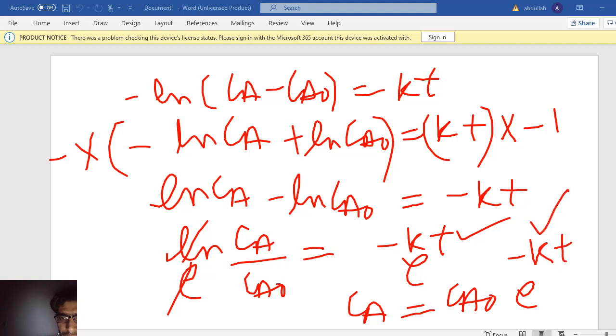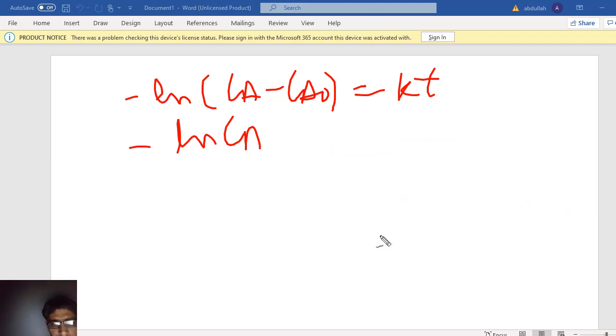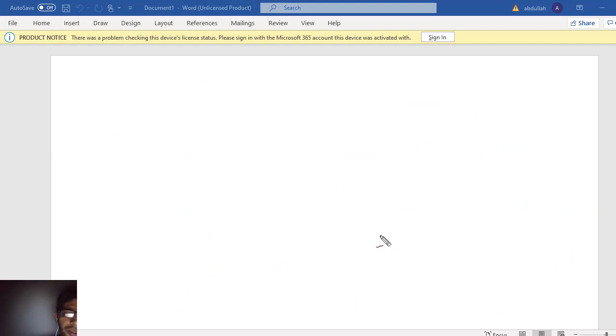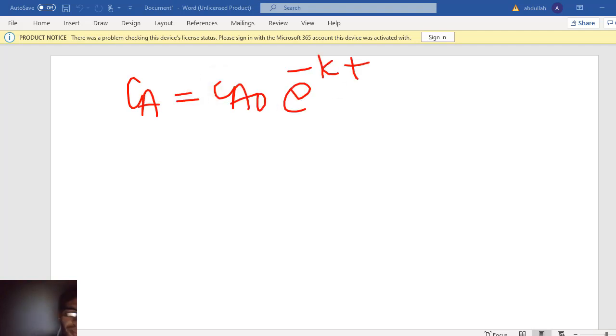This is the rate constant, this is the time, this is the initial concentration, this is the concentration at any time. So the integrated rate law for the first order reaction is Ca is equal to Ca naught e to the power minus K t.